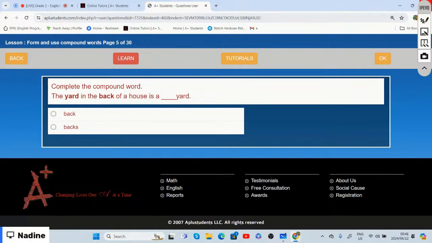And now we're going into the next one. It says a yard in the back of our house. A yard in the back of our house is a what yard? Is it option one, a backyard, or option two, backyard?